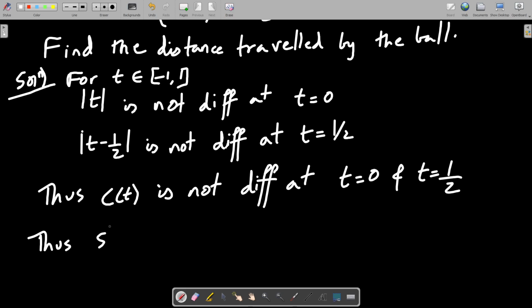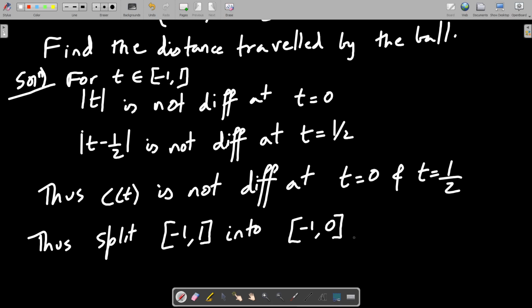Thus split. Okay, 3 intervals we made over here. Clear?